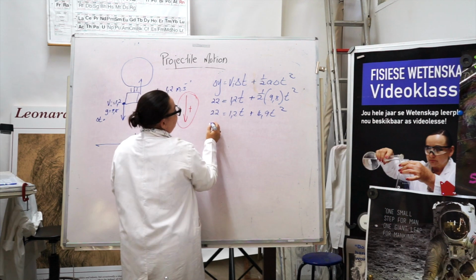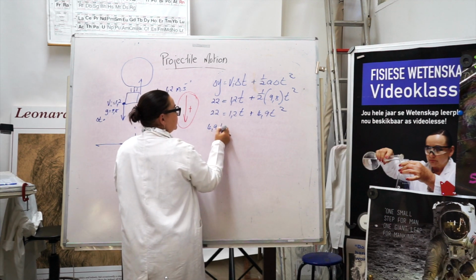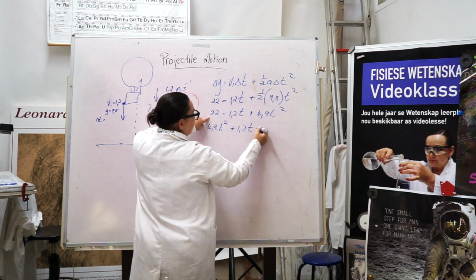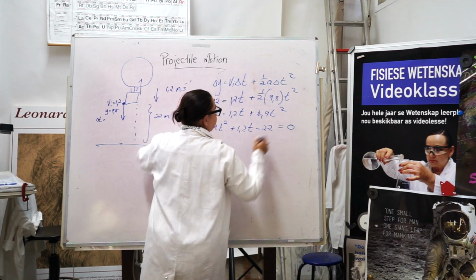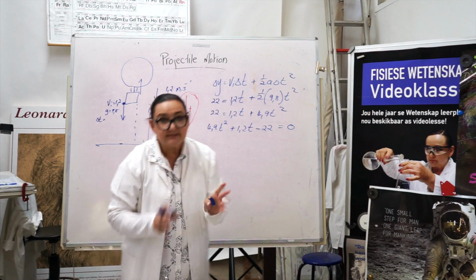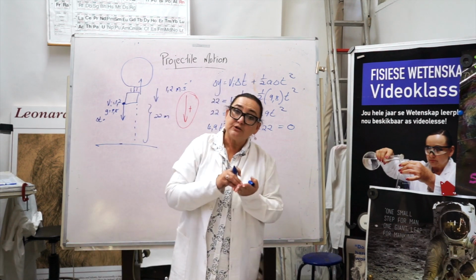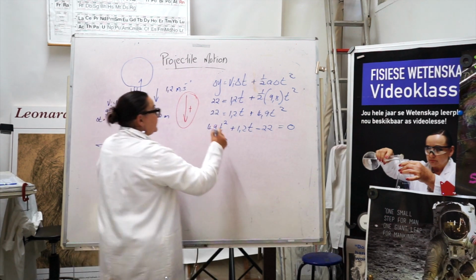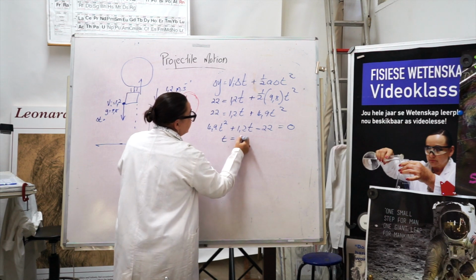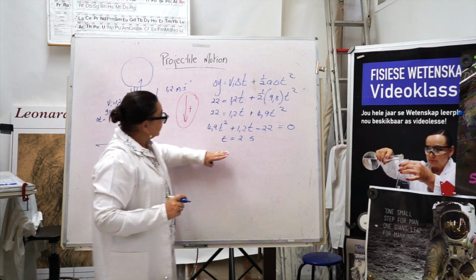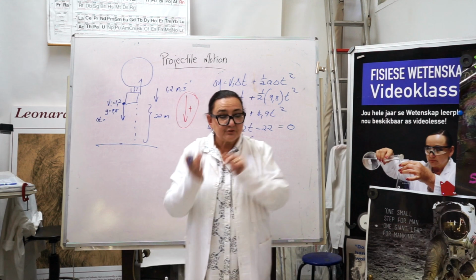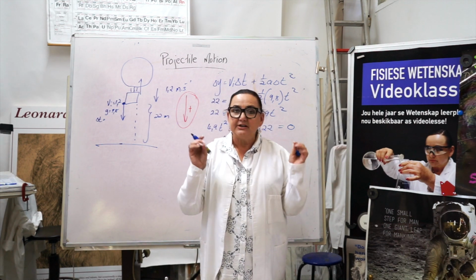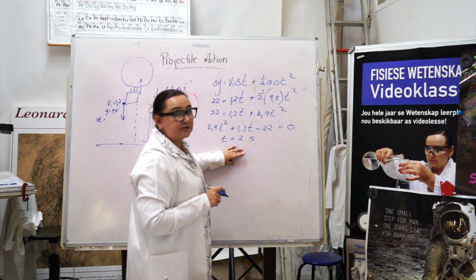Then I have 4.9 t squared plus 1.2 t minus 22 equals 0. If you put that into your calculator, use your formula for a quadratic, you can get your t as 2 seconds. It also gives you a different, negative value for t, but time can never be negative, so I use the positive, so I get 2 seconds.